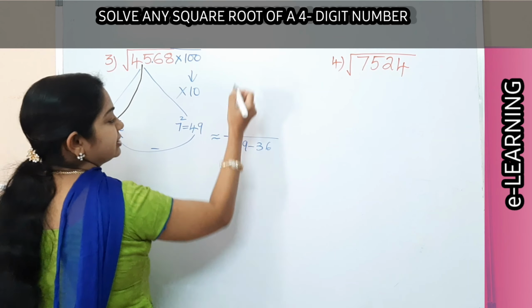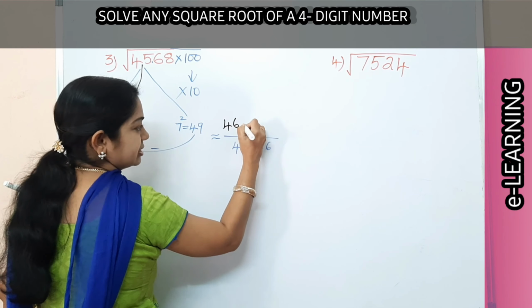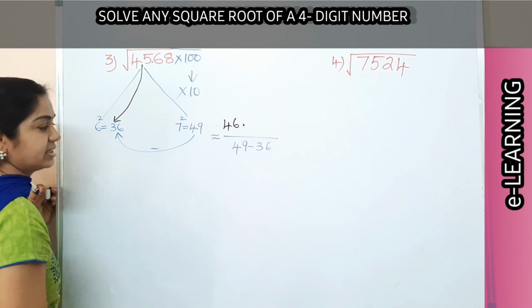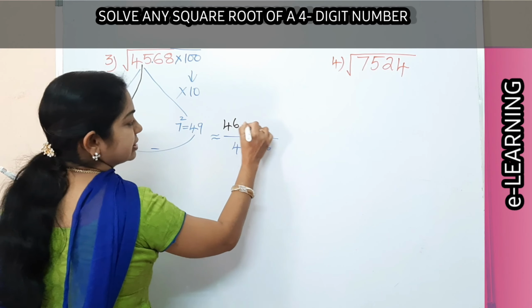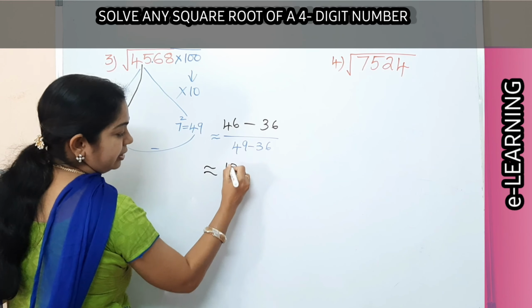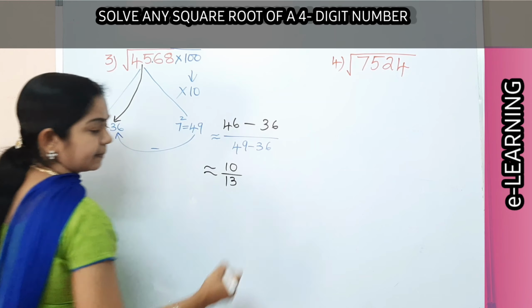So 45 point something, let us take 45.6, we can round it out to 46. 46 minus 36 simply, so this comes to 10 upon 13.